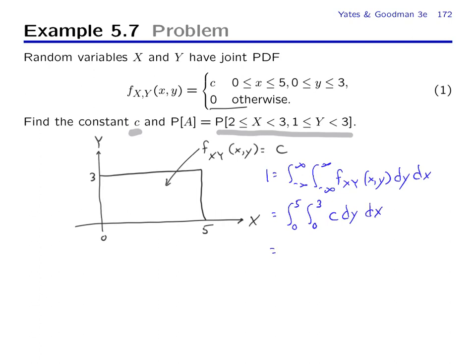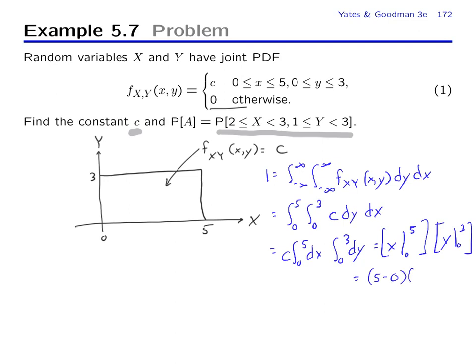And this becomes two separate integrals, 0 to 5 dx, bring the c out front, 0 to 3 dy, and so this is x from 0 to 5 multiplied by y from 0 to 3, and so this is 5 minus 0 times 3 minus 0.